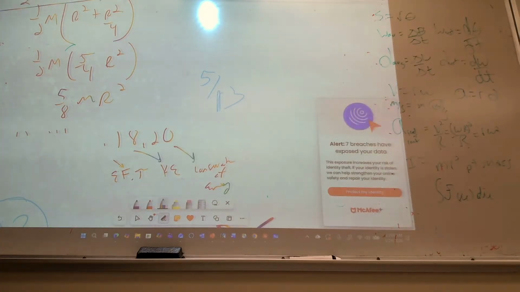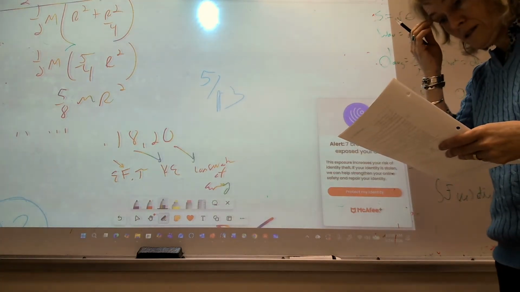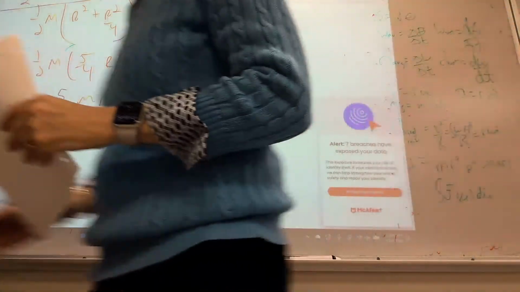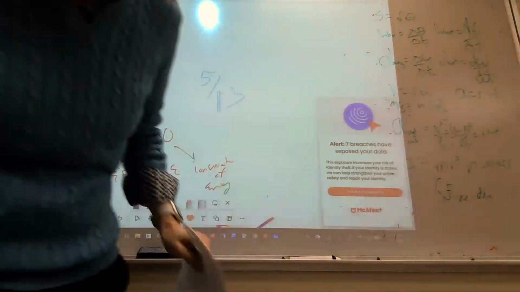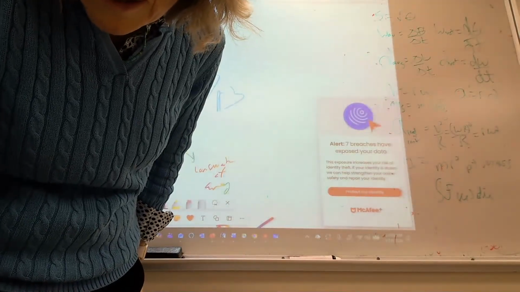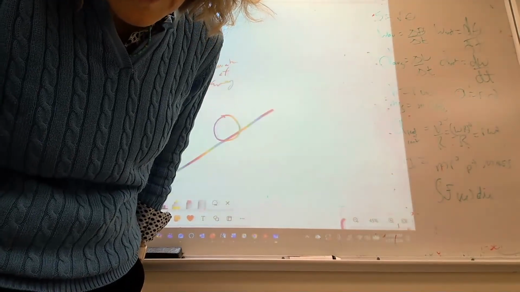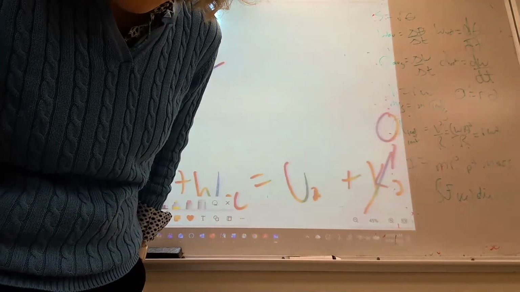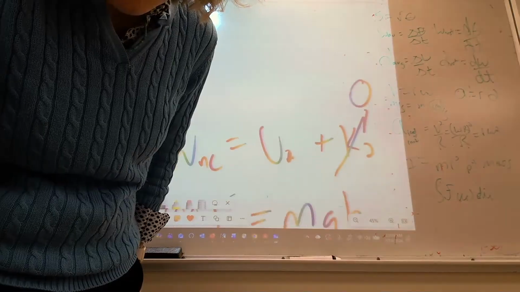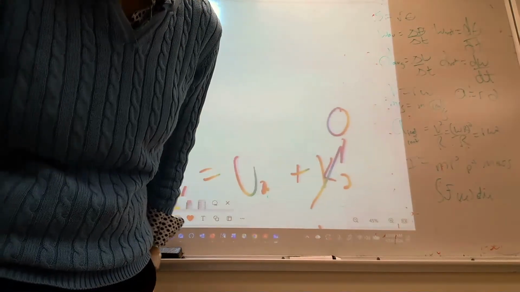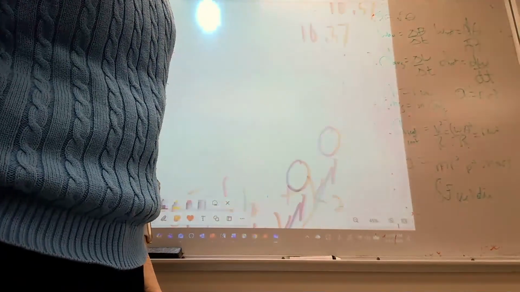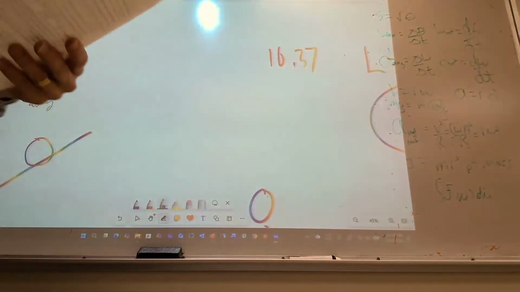Now you're going to get the kinetic energy in terms of what they gave you. Okay, so you have your two types of kinetic energy, 1/2 mv squared plus 1/2 I omega squared.